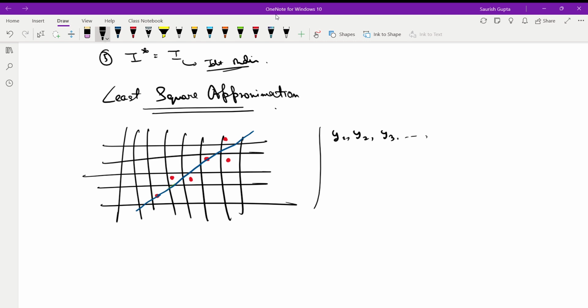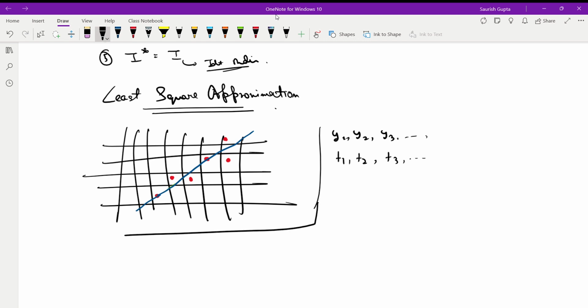So you can talk about velocities, you can talk about displacements. You are talking about some physical quantity which depends on time, and you get these respective data. You get this physical quantity y1 with respect to time t1, y2 with respect to t2, y3 with respect to t3, and so on. Now what you try to do is plot it on graph paper.